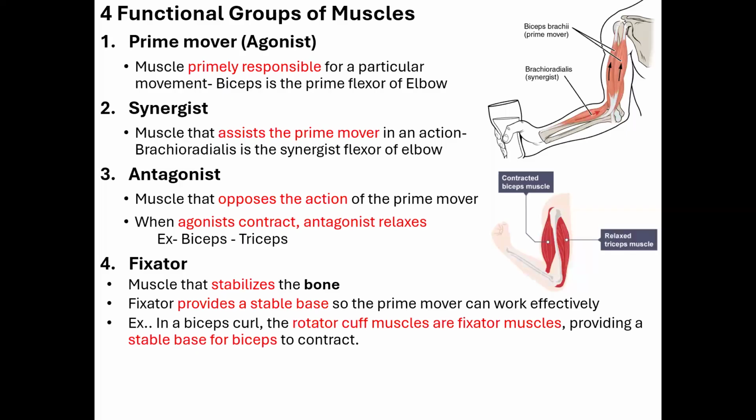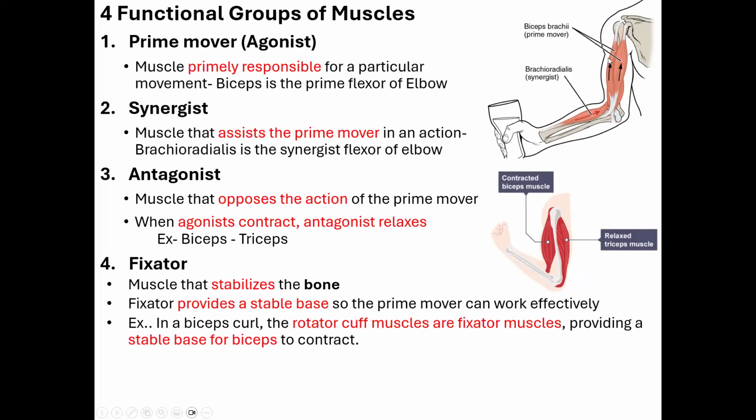That brings us to four functional groups of muscles. For any movement, there's a prime mover or the agonist. The agonist is a muscle which primarily makes that particular movement. For example, biceps is the prime flexor of the elbow.